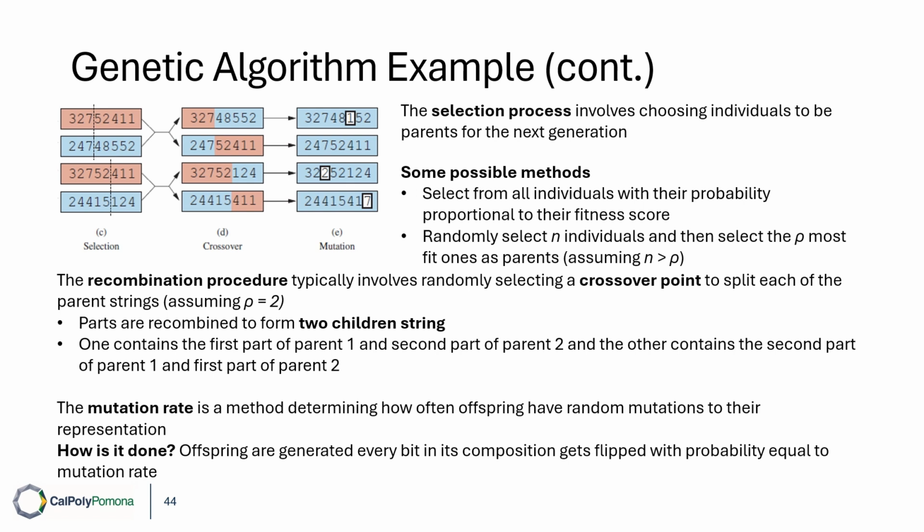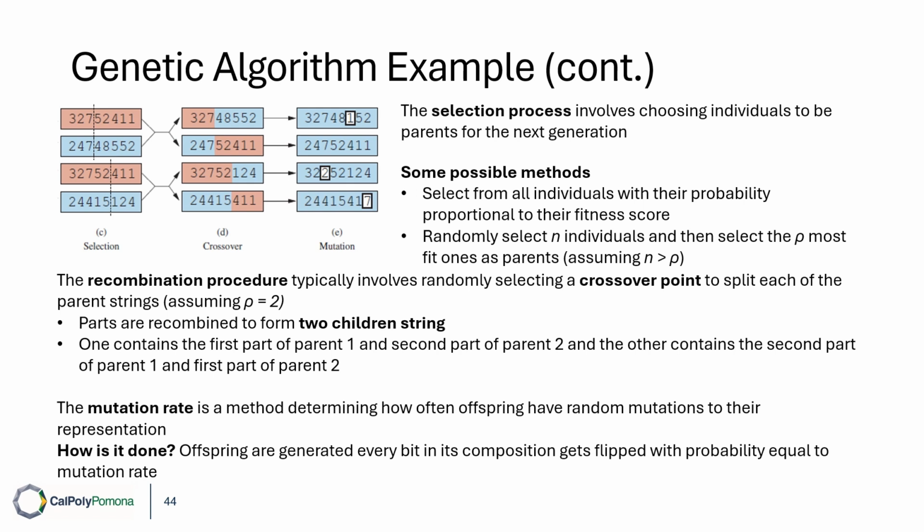Now, moving forward, the selection process involves choosing parents for the next generation based on their fitness scores. Here, fitter individuals are favored, but some diversification is allowed, mimicking the survival of the fittest effect we see in evolution. How we do this is by selecting individuals with their probability directly proportional to their fitness score.